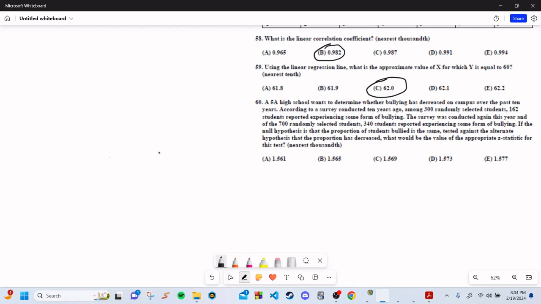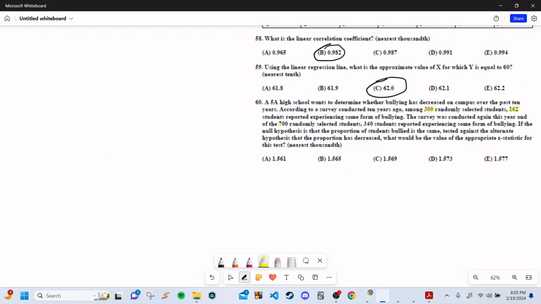So that's a mouthful, but pretty much the important details is that we had taken a sample before of 300 people, and this proportion, this amount, 162, responded to experience bullying.